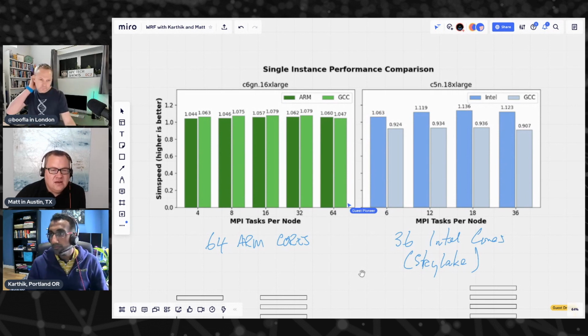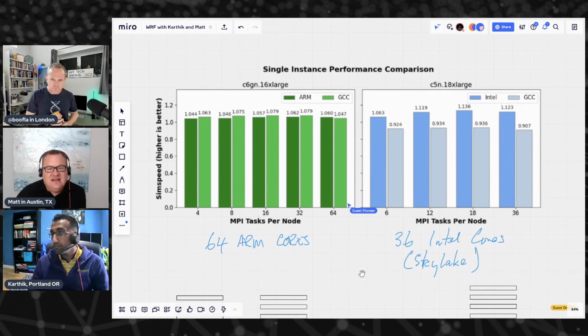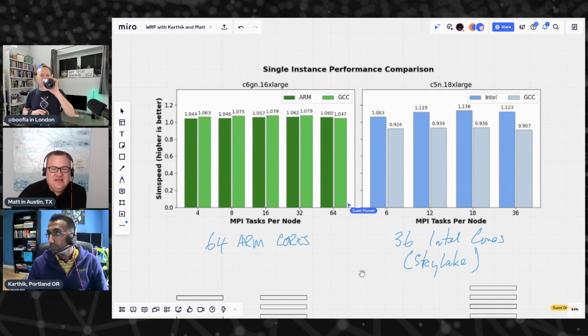Yep. The right side has the Intel platform. We used both the Intel compiler suite, in the darker blue, and then GCC, again the 10.2 version. You can see there's a pretty big differential in performance.